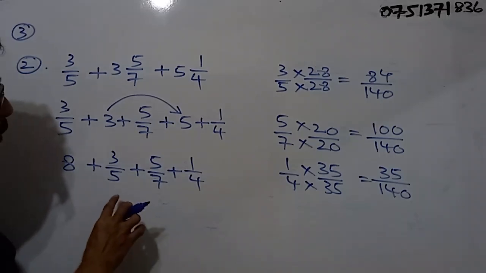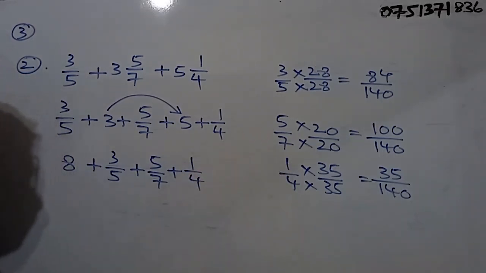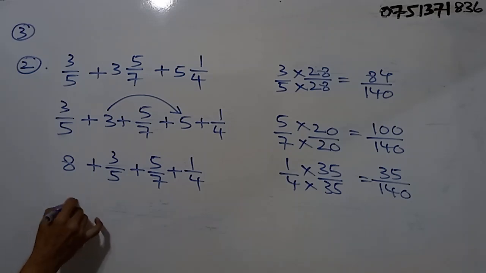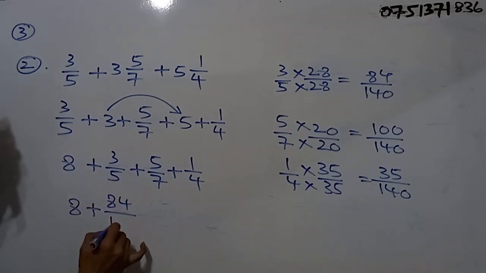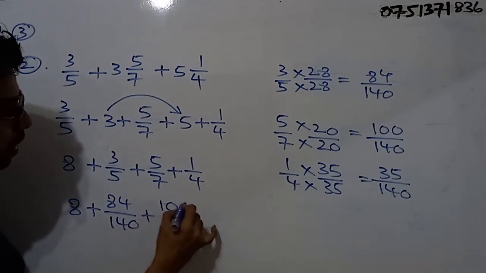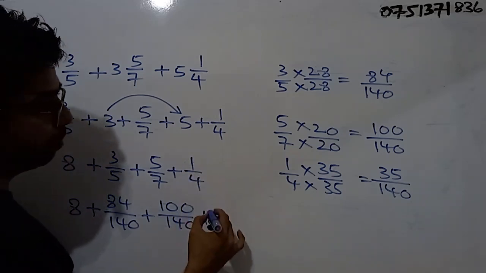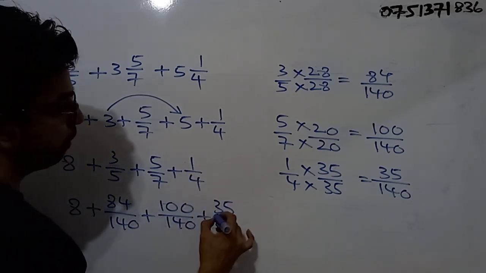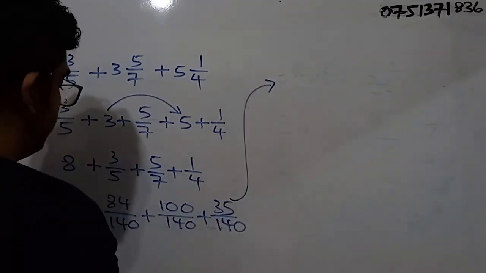Right. So now I can rewrite these three fractions using their equivalent fractions. So that means 8 plus 3 by 5 means 84 by 140 plus 5 by 7 means 100 by 140 plus 1 by 4 means 35 by 140. Okay, so we will continue over here.